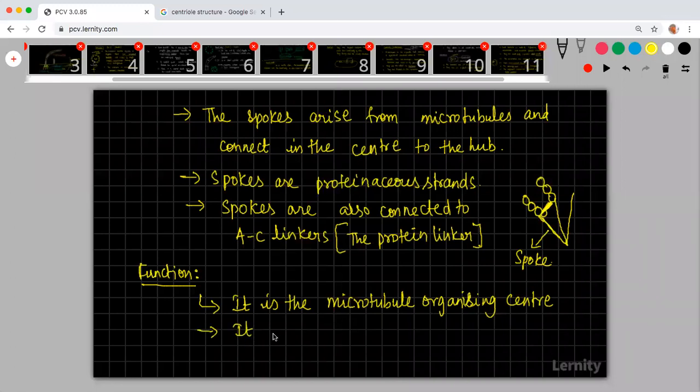It forms spindle fibers during cell division in animal cells.